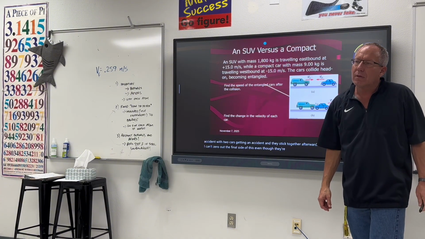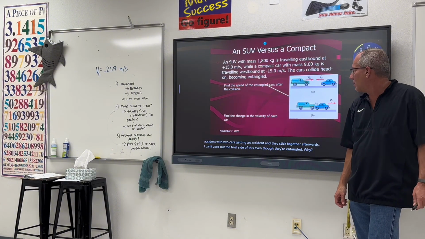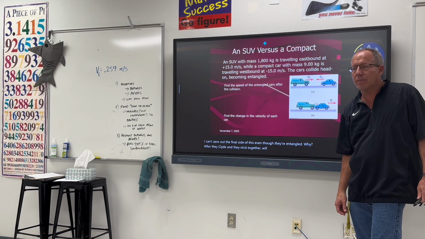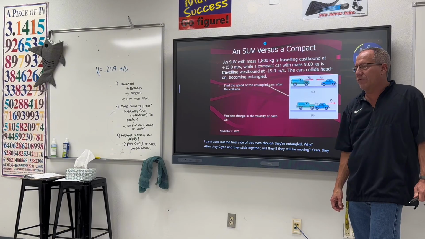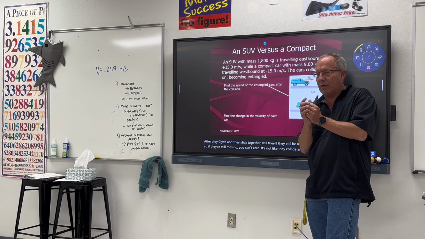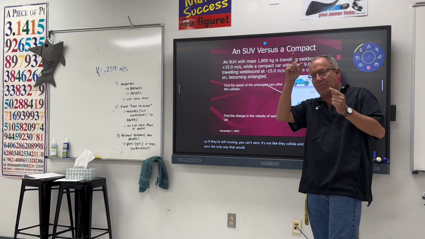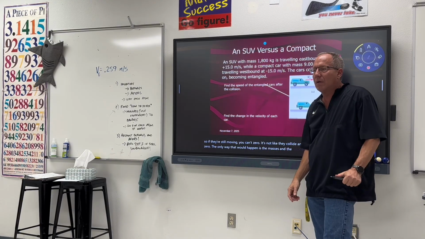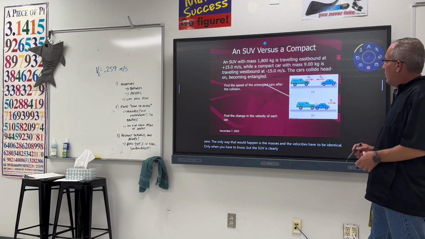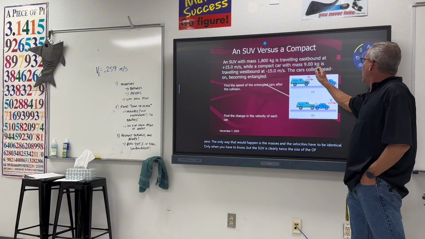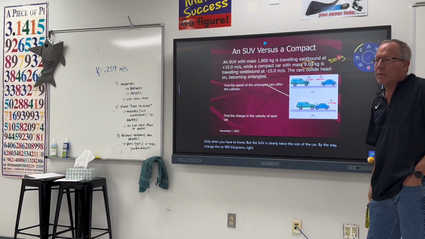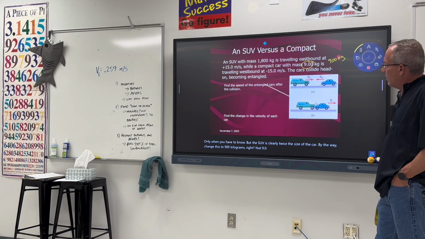Why? After they collide and stick together, will they still be moving? Yeah, they will. So if they're still moving, you can't zero. It's not like they collide and stop and the final is 0. The only way that would happen is if the masses and the velocities were identical. But the SUV is clearly twice the size of the car. By the way, change this to 900 kilograms, not 9.0. Typo on my end.